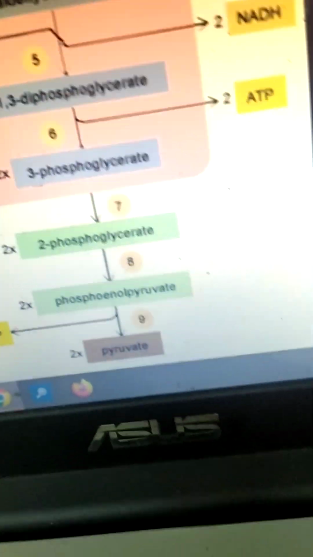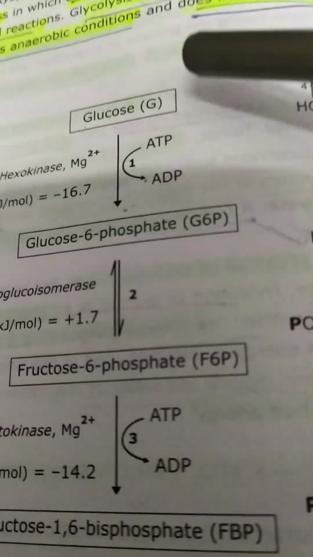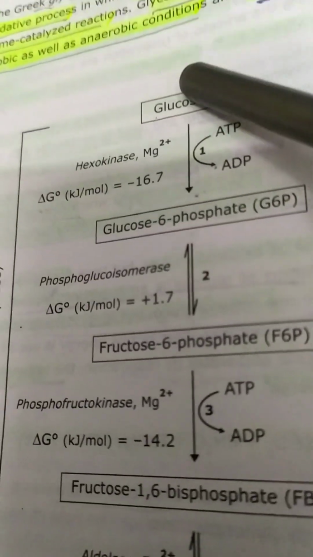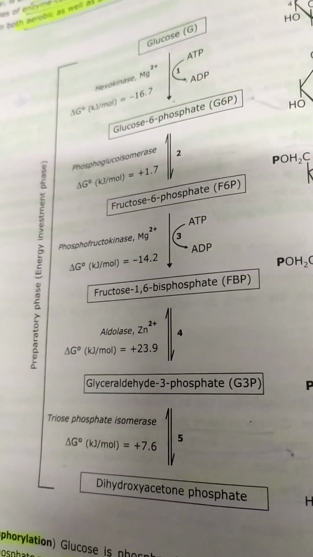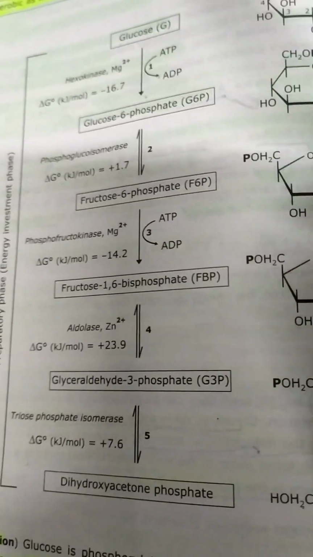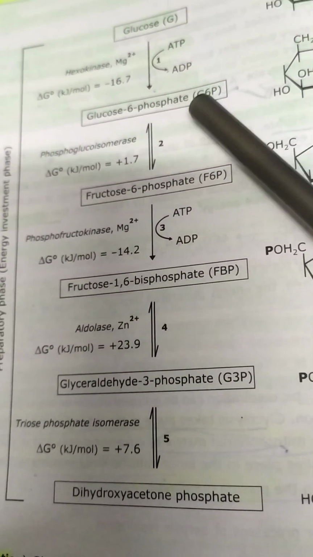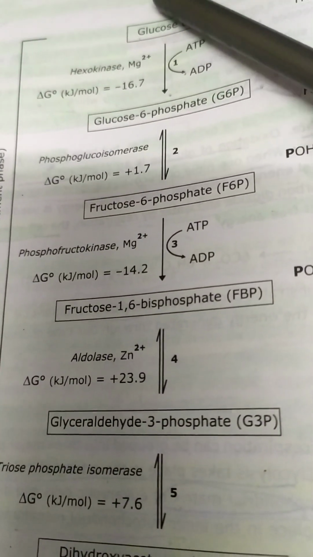In the presence of the enzyme hexokinase, glucose is converted into glucose 6-phosphate. Here the diagram is very nicely shown.